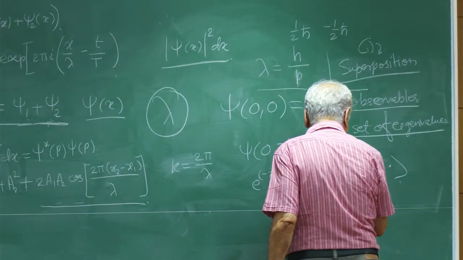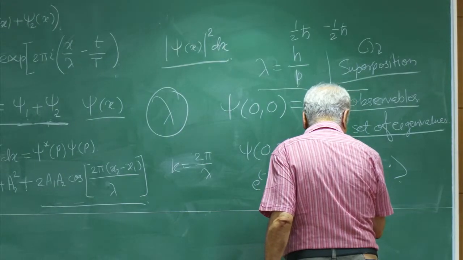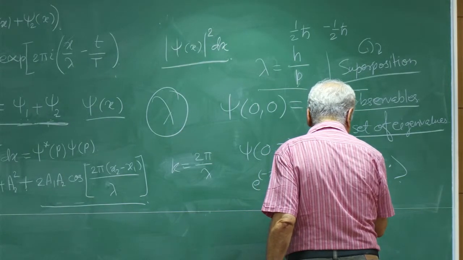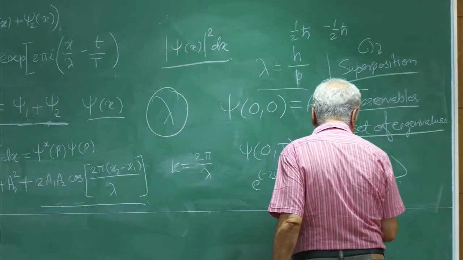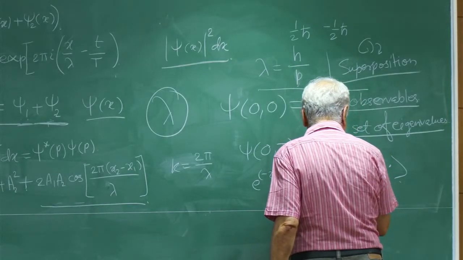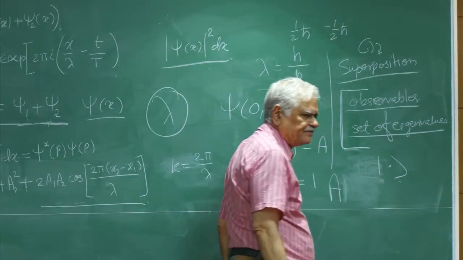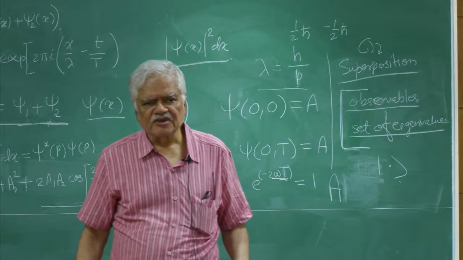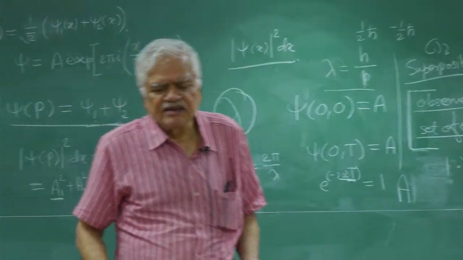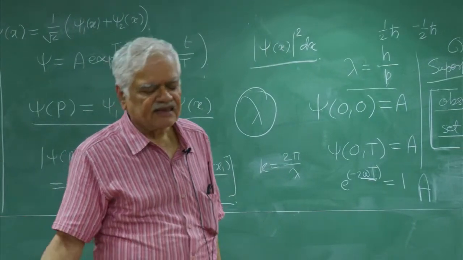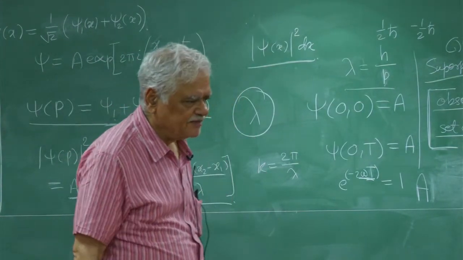The operator which represents the observable must have this property that all its eigenvalues must be real, and it must also have another property that all its eigenstates must be orthogonal, but we will come to that.